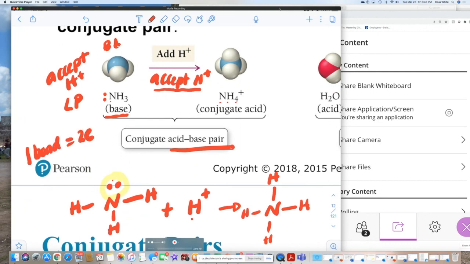So the two electrons that used to be right here are repurposed and used as a bond between the N and the new H. But what about the positive? The positive doesn't get neutralized, so it remains as a positive out here. And that's how we get NH4 positive.